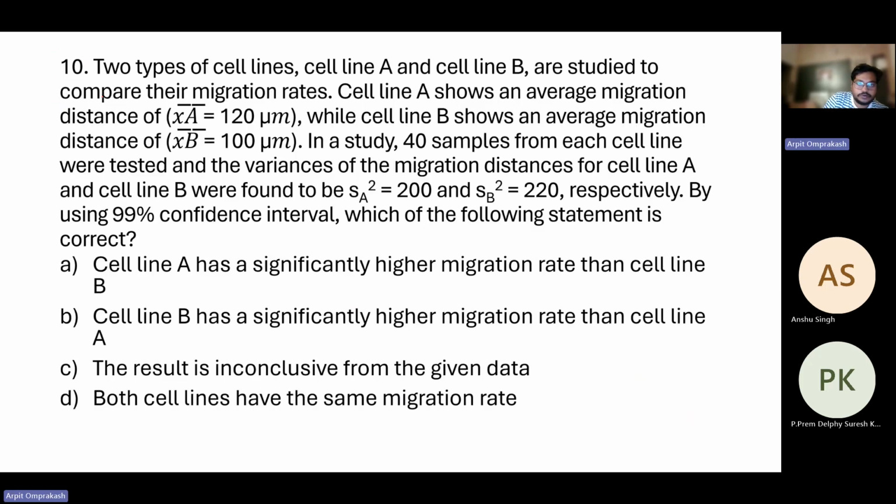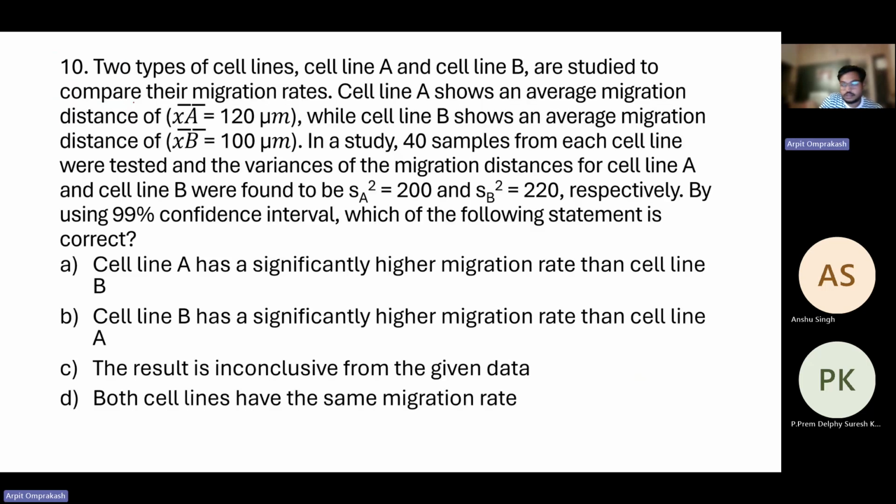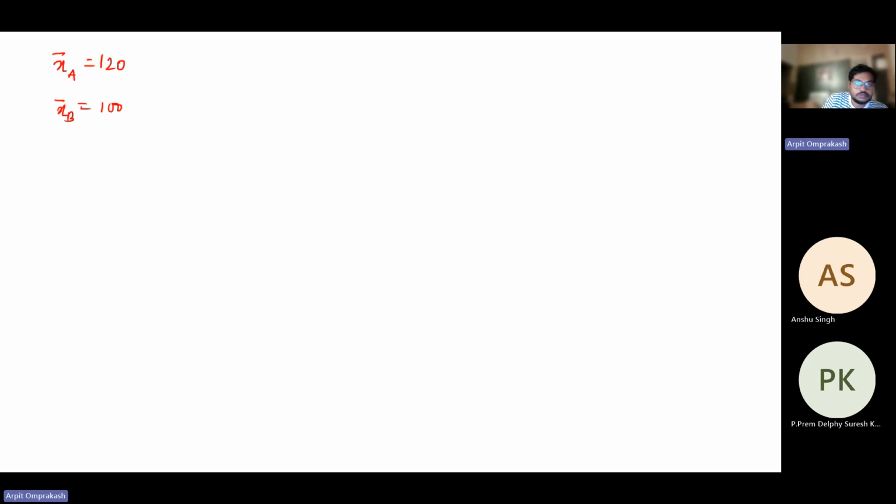Right. So what we are given here is x bar A and x bar B, 120 and 100. So this is 120, this is 100. We are also given S square, which is the sample variance.